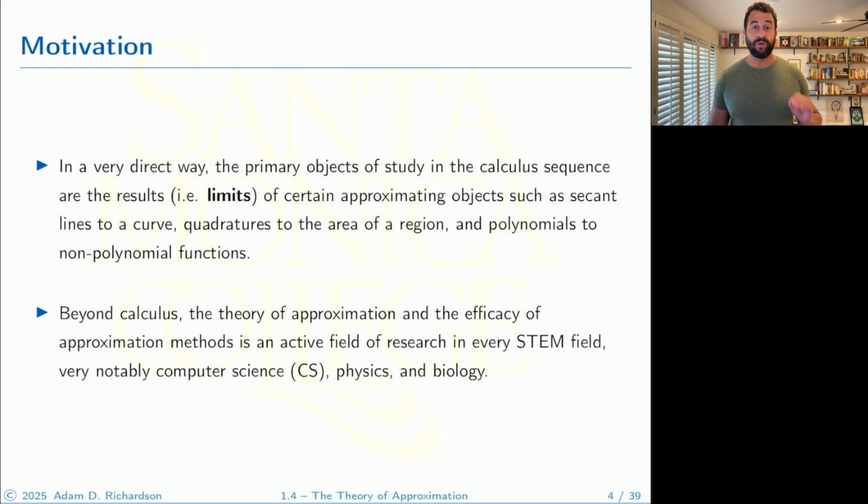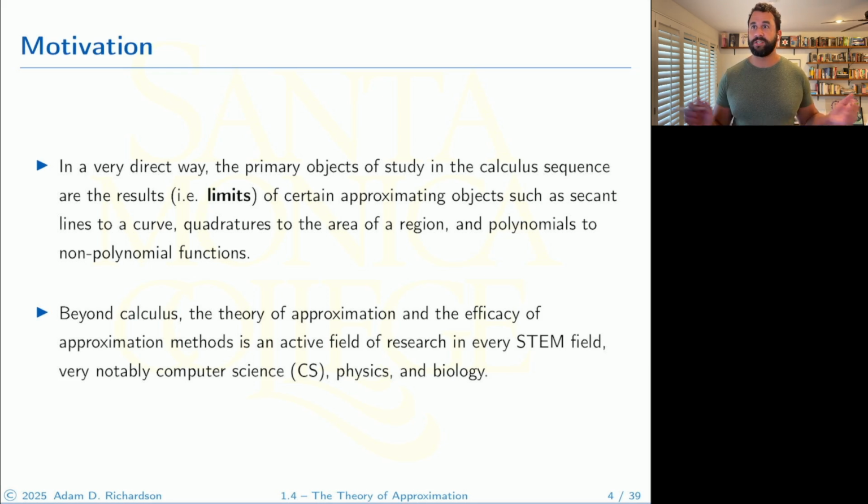In a very direct way, the primary objects of study in the calculus sequence are the results, we call them the limits, of certain approximating objects. What you're going to see when you get into Calc 1, Calc 2 and Calc 3 is you're going to construct these approximations and make them better and better and better and see if they converge to an exact value.